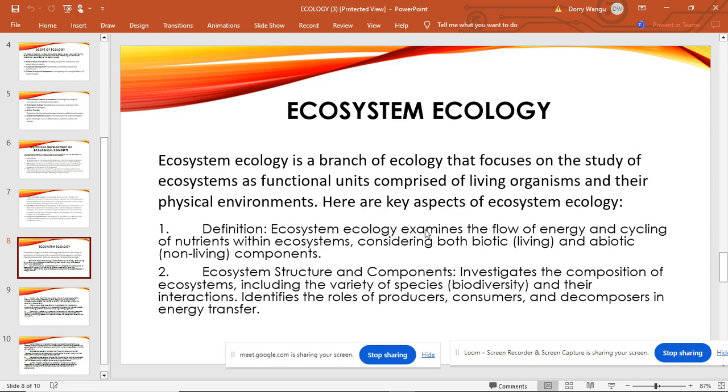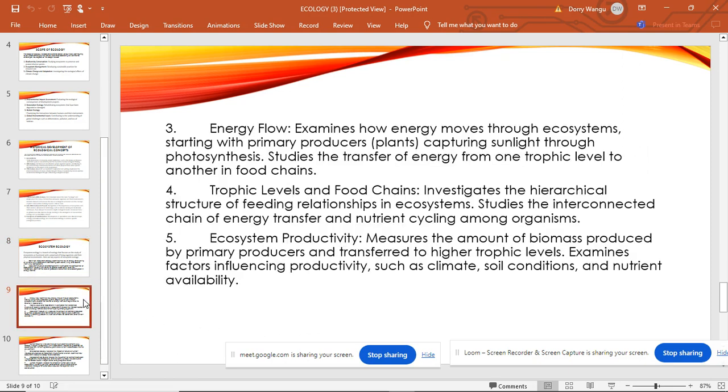Ecosystem ecology examines the flow of energy and cycling of nutrients within ecosystems, considering both biotic and abiotic components. Ecosystem structure and components: it investigates the composition of ecosystems, including the variety of species, that is biodiversity, and their interactions. It identifies the roles of producers, consumers, and decomposers in energy transfer.